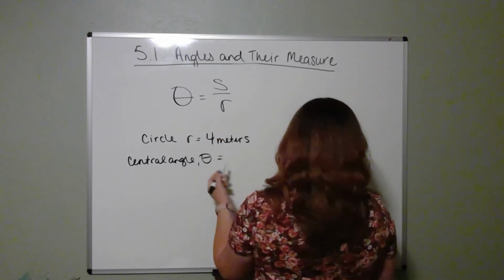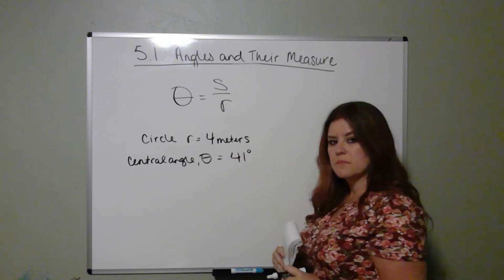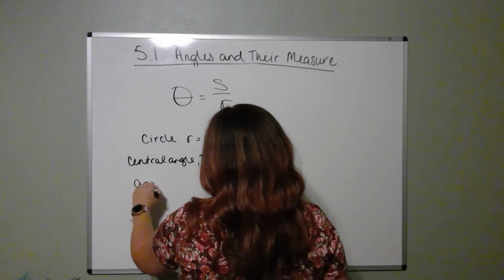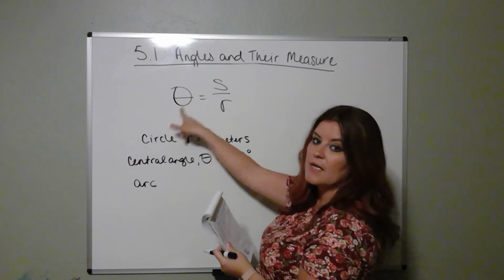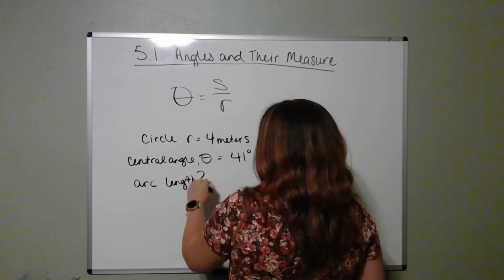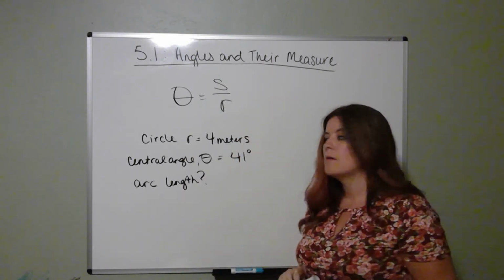It says theta is 41 degrees. Okay. What does it want? Well, it wants the only unknown in the problem. It gave me r and it gave me theta. I must be looking for s, and it does. It says, what's the arc length? This one says rounded, so it'll be a rounded problem.